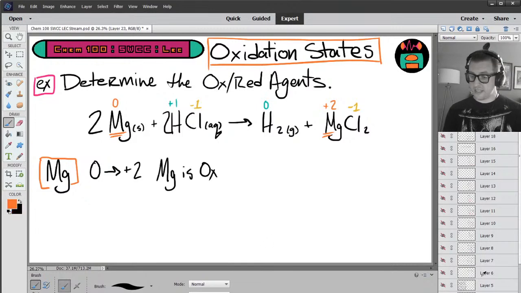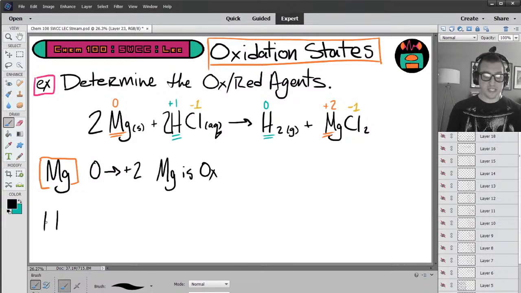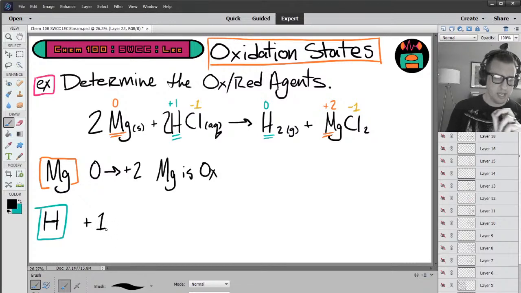Looking for another element that's experiencing a change in oxidation state. Hydrogen jumps out. It starts at positive 1, ends at 0. So hydrogen experiences a change in oxidation state. Hydrogen starts at a positive 1 and ends at 0.